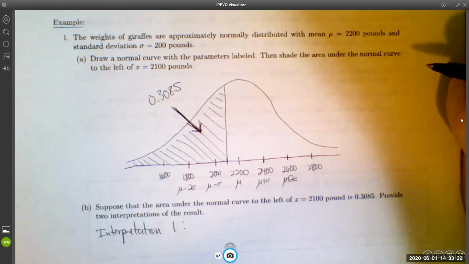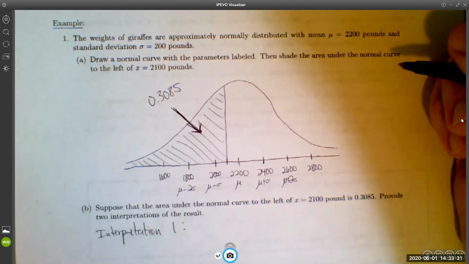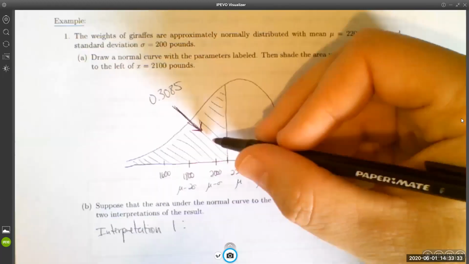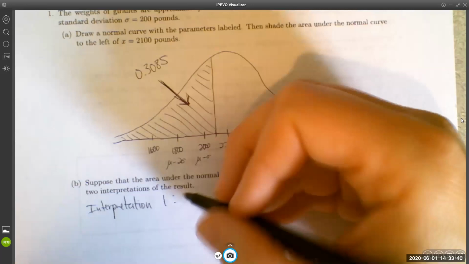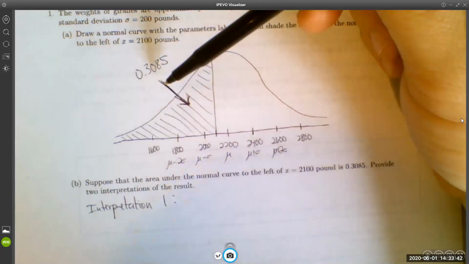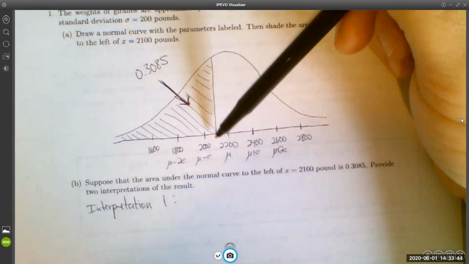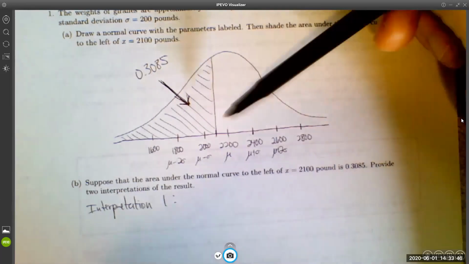So one area corresponds to a probability, okay? So one interpretation would be to say that the probability that a randomly selected giraffe weighs less than 2,100 pounds is 0.3085.